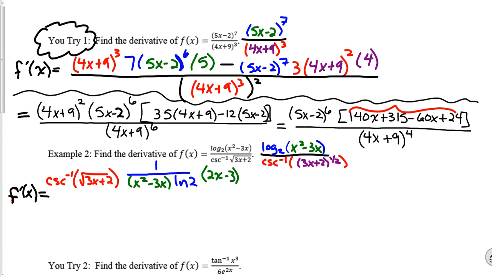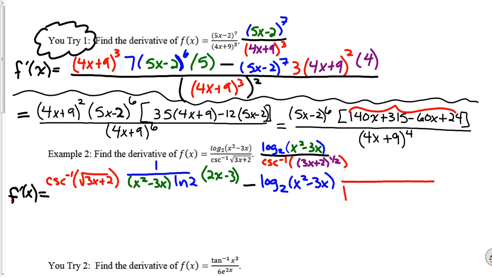Now I need to subtract the top, and again I'm leaving it all one color, times the derivative of the bottom. So for the derivative of the bottom, I'm going to have the absolute value on the bottom, so I'm going to have a large fraction here.